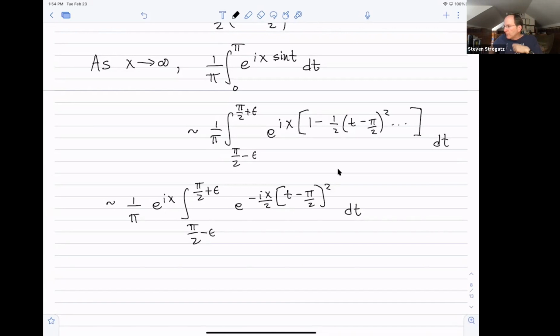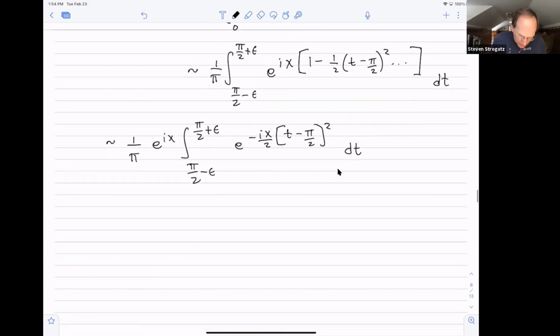Let me do it by changing variables. Let's introduce a new variable s. What I want is for the exponent to be just i s squared. I want it to say e to the minus i s squared. So I'm going to let s equal the square root of x over 2, times t minus pi over 2.